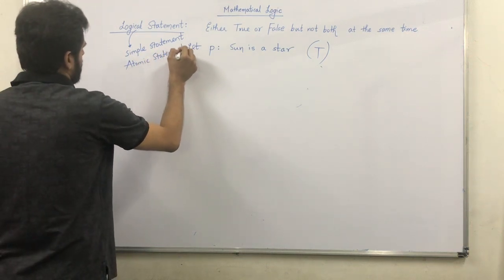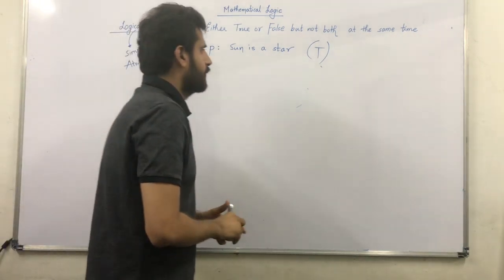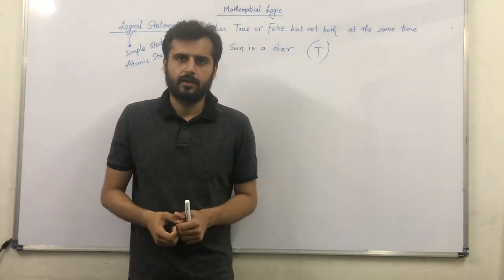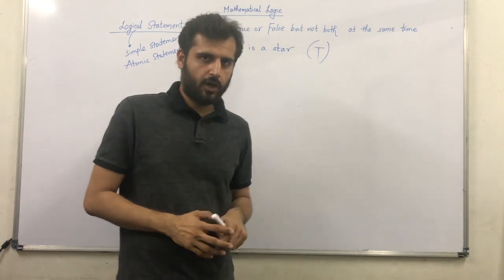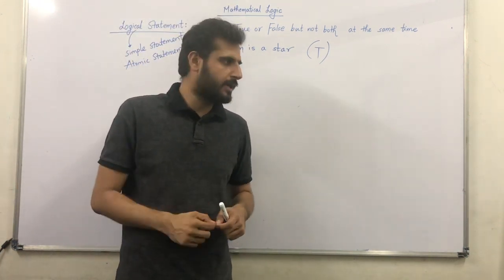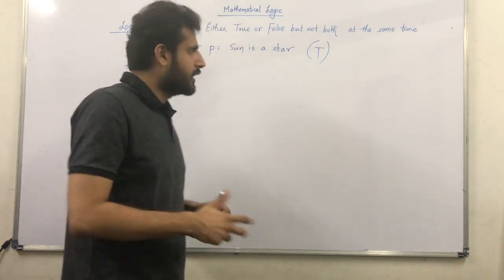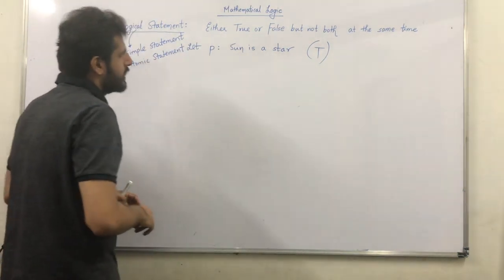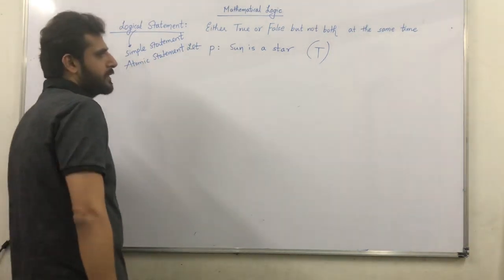It's like the smallest particle in chemistry, right? Now we know that further there are protons, neutrons, electrons, but earlier it was assumed that the smallest particle is an atom, right? Like this here also, the simplest informative sentence, like the sun is a star, we call atomic statements.